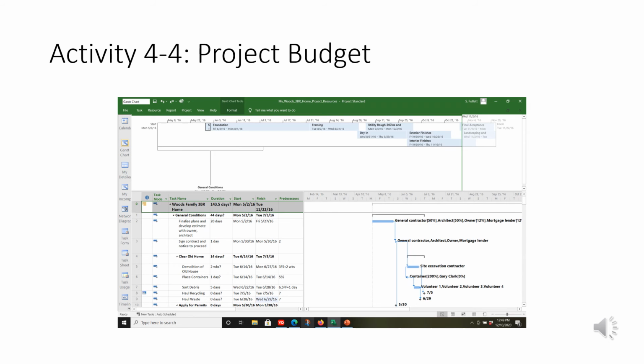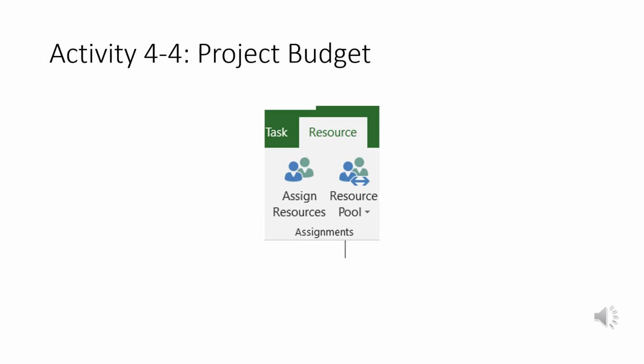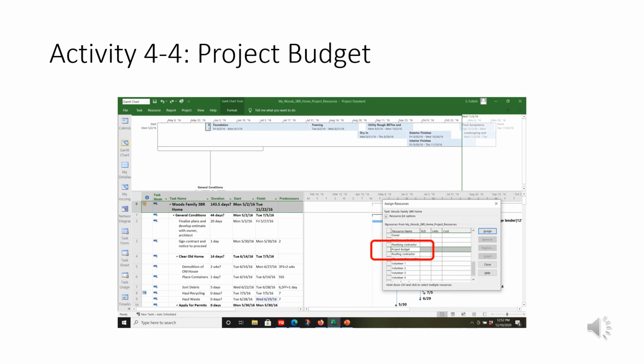Okay, let's do another way of assigning a task. In this case, we're going to assign the project budget to the project summary task, which is line 0. That's the Woods family 3-bedroom home. I scroll down and find project budget.